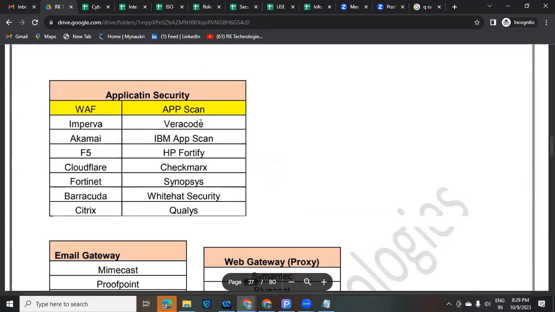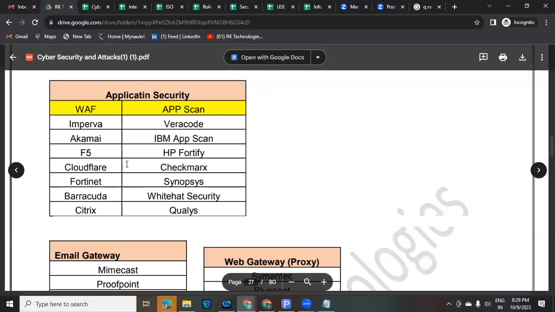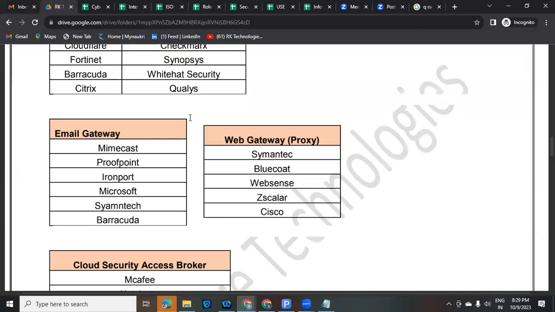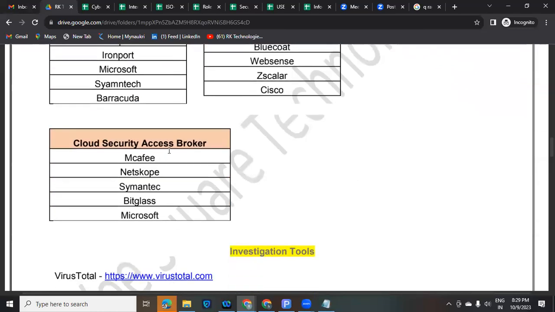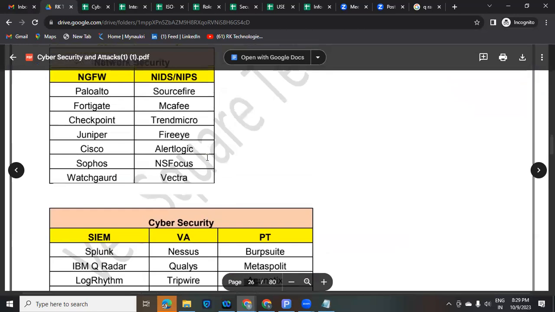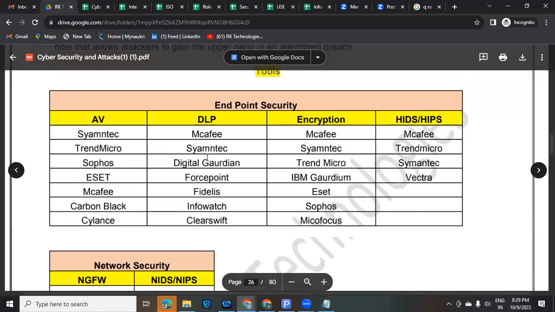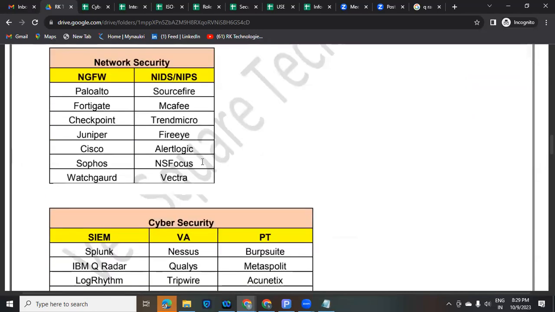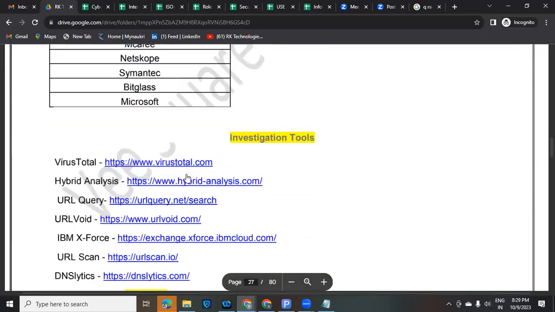On the application security side, vendors related to web application firewall and application scans like SAST, DAST and IAST, email gateways, proxy or web gateway, cloud access security brokers. So these are all the vendors. A couple of times you can see all these vendor names in job descriptions, so you should be aware of who is what.